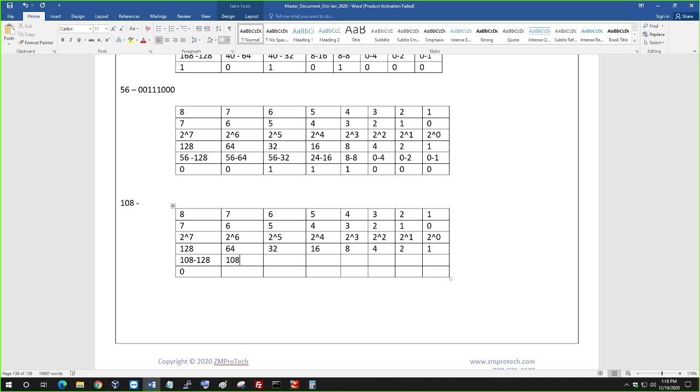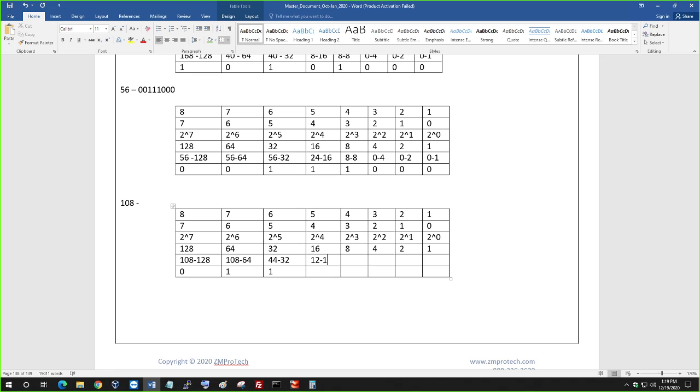I'm going to carry over 108 minus 64. This is possible, so I put 1 there. How much is left here is 44, right? Yeah, minus 32. This is possible, and how much is left is 12. 44 minus 32 is 12.